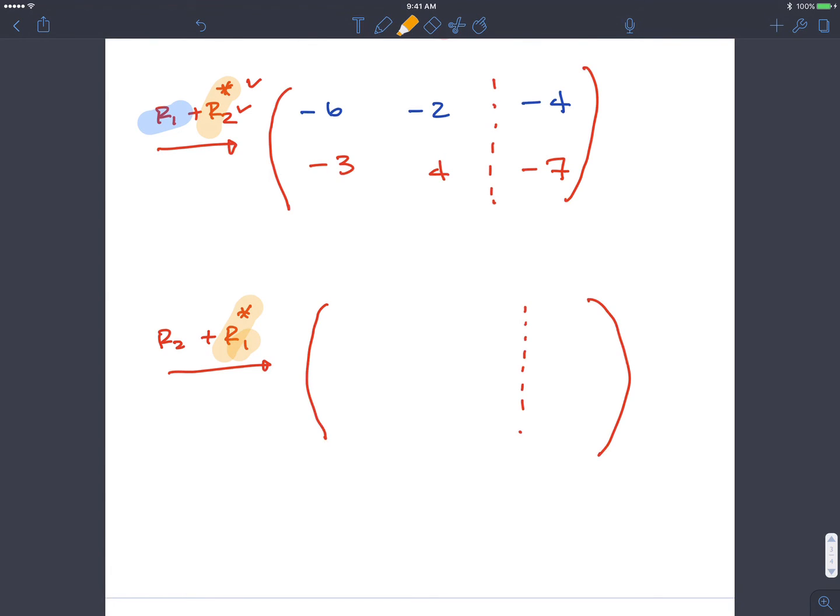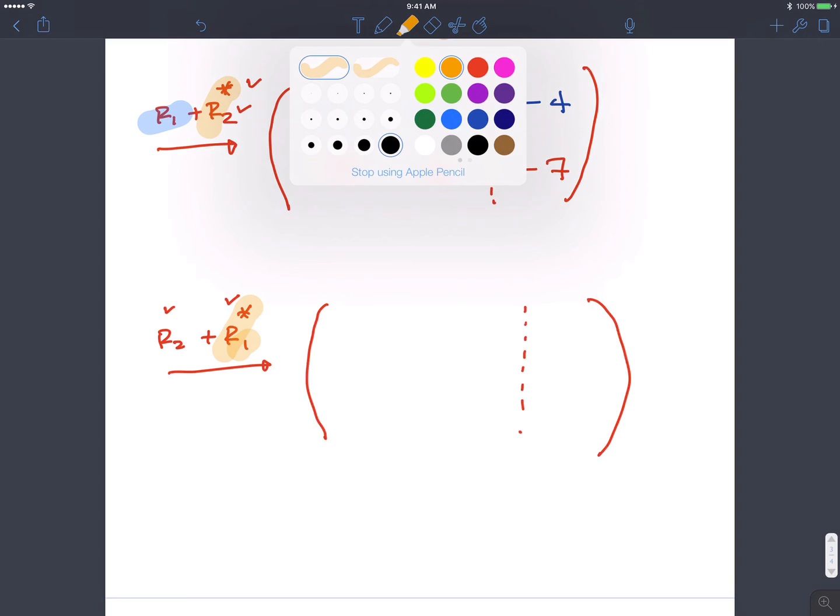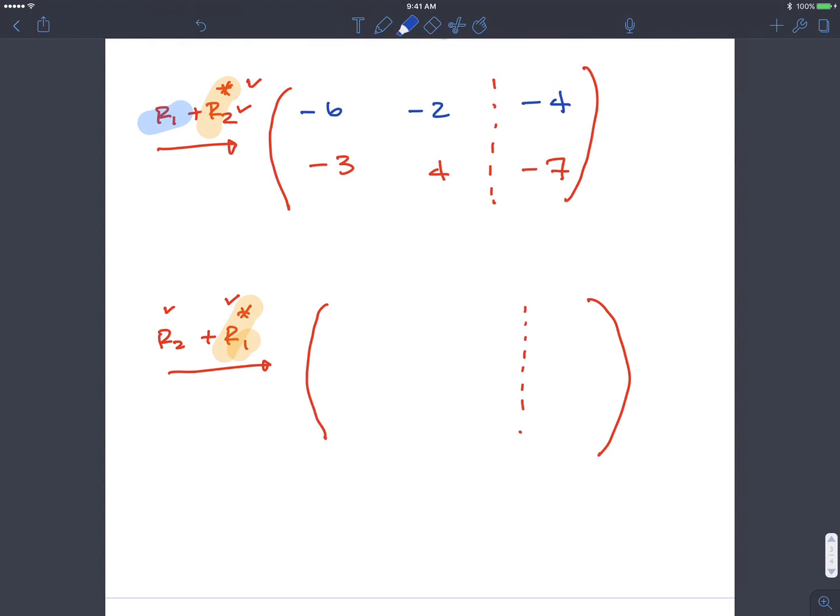And when I read this again, I'm going to add row 2 with row 1. And here's how this looks. I'm going to take the first entry in row 2, -3, and add it with a -6. That answer goes in row 1. So -3 plus -6 is -9.